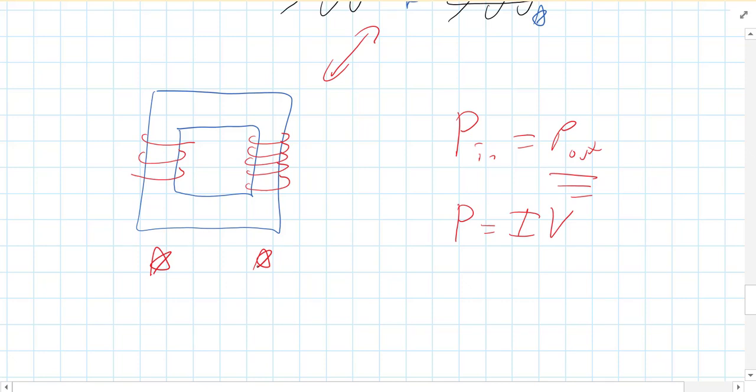Now, having said that, there's a consequence. So for instance, let's say you increase voltage. Well, if you increase voltage, and by the way, this coil of wire would have a higher voltage, because the power has to be the same on both sides, the current goes down, okay? And vice versa. If you make your voltage go down, then your current will go up.